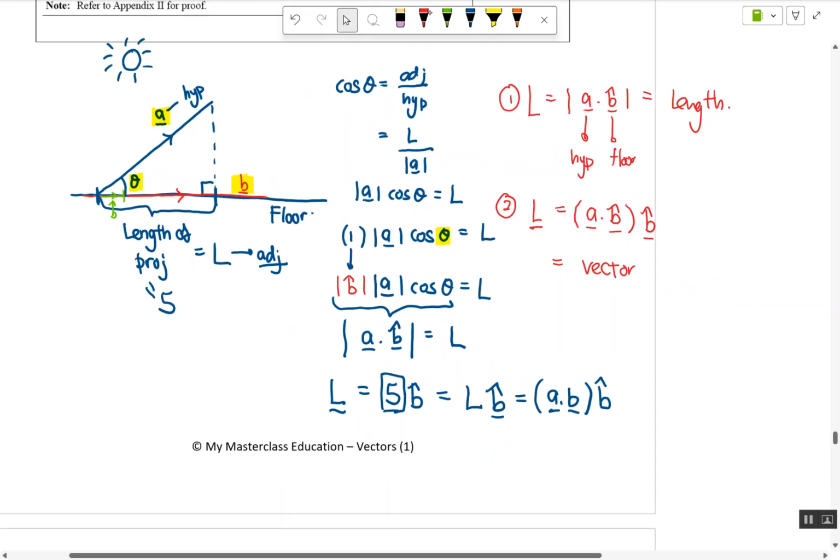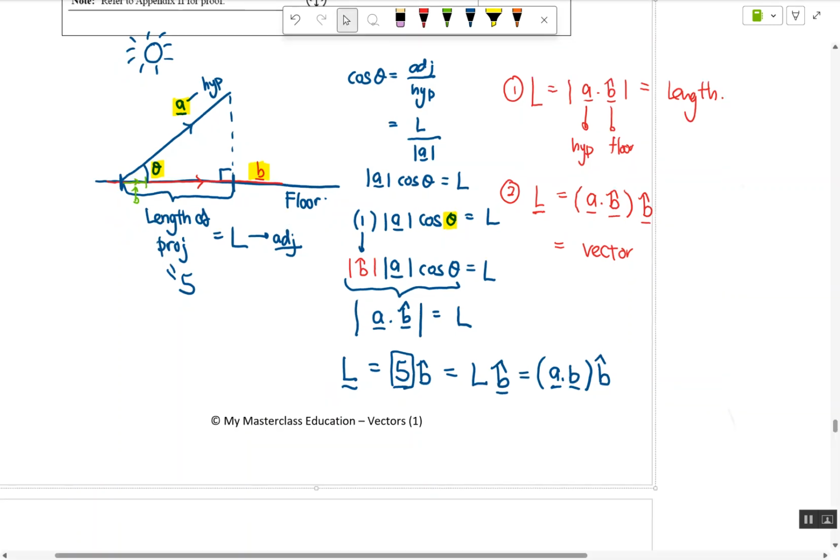Of course, if you cannot remember the formula, if you can work it out in the exam, that will be great. Of course, the easiest way is to just apply the dot product formula because we are looking for adjacent length, and that is alongside. That's how these two formulas come about.